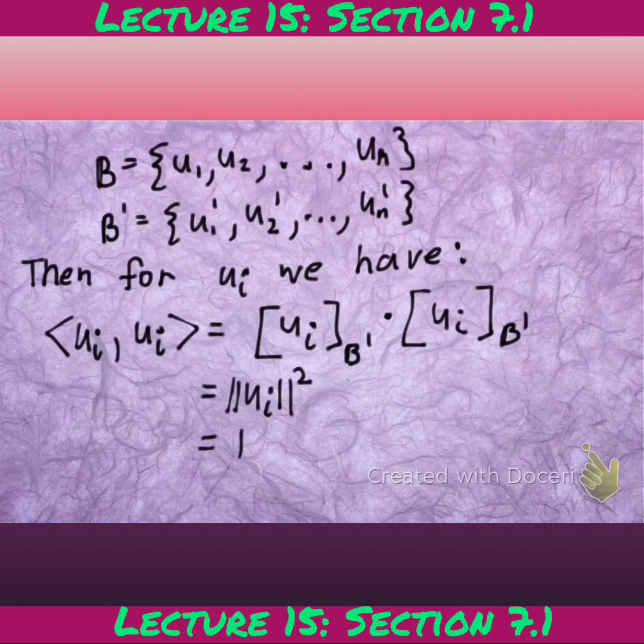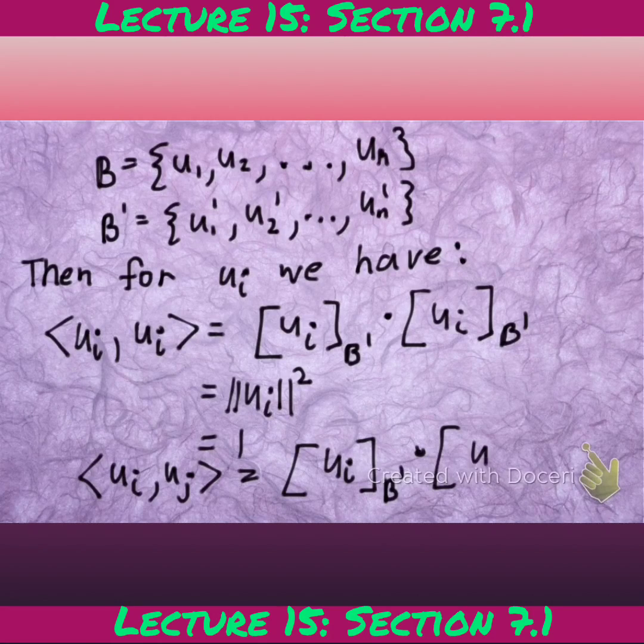And also, if we take the vector Ui with Uj, where i is not equal to j, that's going to be the coordinate vector of Ui with respect to the basis B prime dotted with the coordinate vector of Uj with respect to the basis.